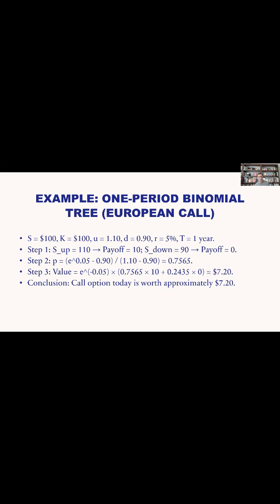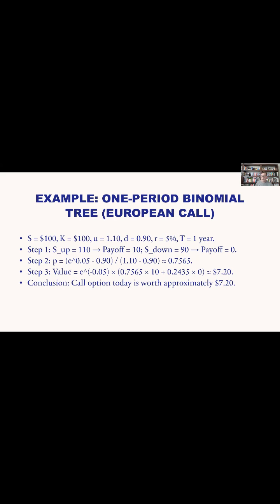U, the upward movement, is 1.1, and D is the downward movement, which is 1 over U, about 0.9. The interest rate is 5%, let's say for 1 year, and we're looking at a 1 year time period. That 1 year could be broken down into months, days, weeks, and we could have many steps, but we're not doing that. I'm just going to treat it as 1 year.